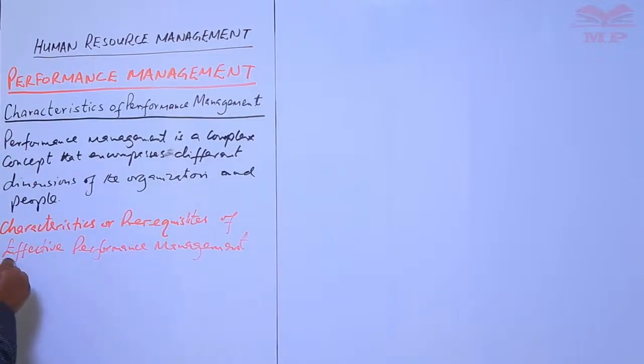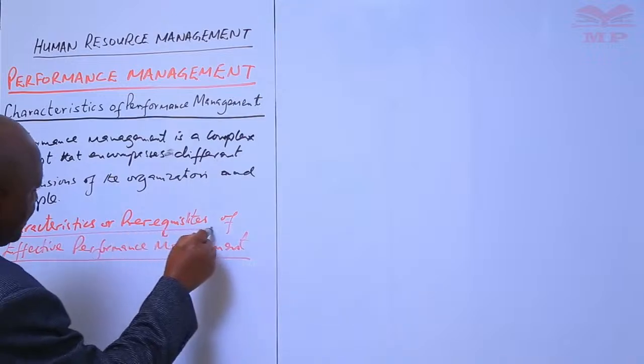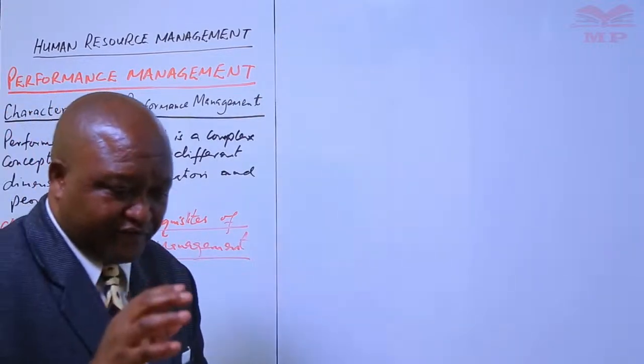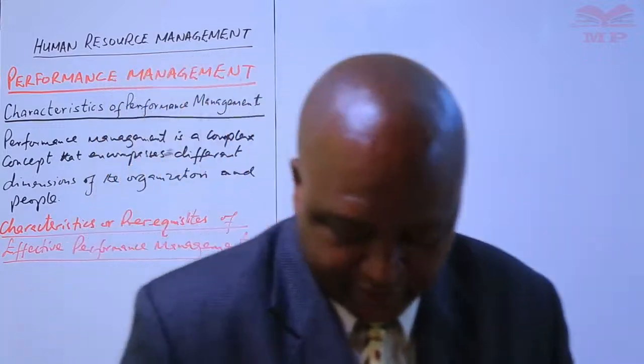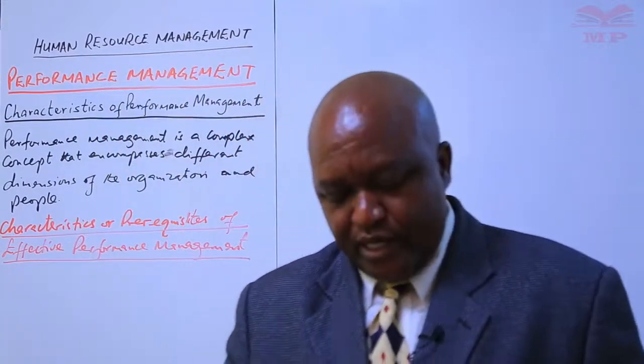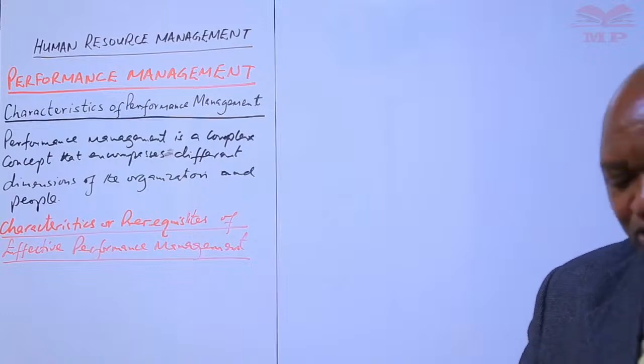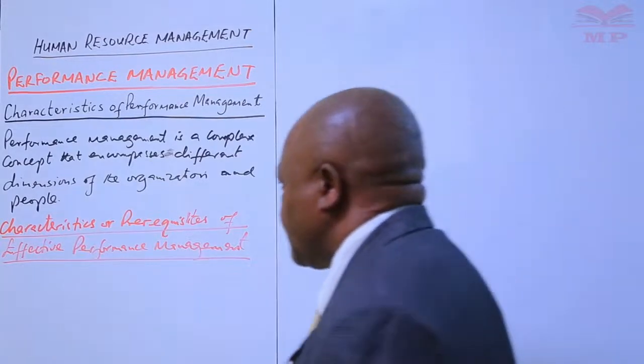What should organizations do, or what should the work environments do to ensure that performance management is effective in those particular organizations? So there are several prerequisites which we want to look at, and one of them is clarity of organizational goals.